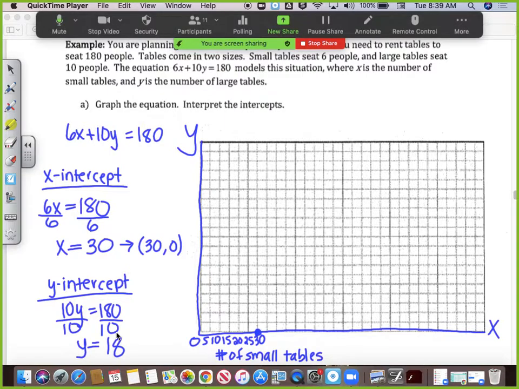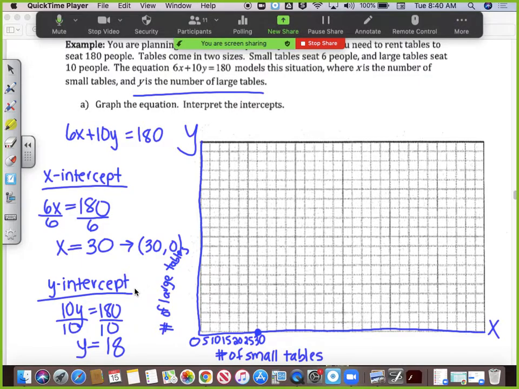And then vice versa, for the y-intercept, we should label the y-axis. The y is the number of large tables. And we need to go up to 18. Since 18 is even, and I don't want to go by 5s and then estimate it, I'm going to go by 2s.